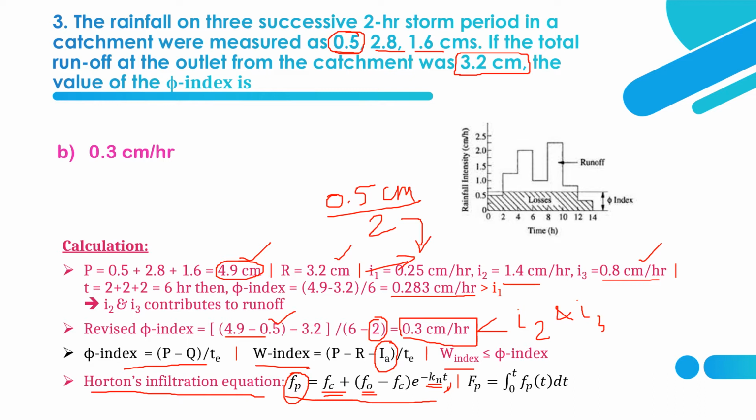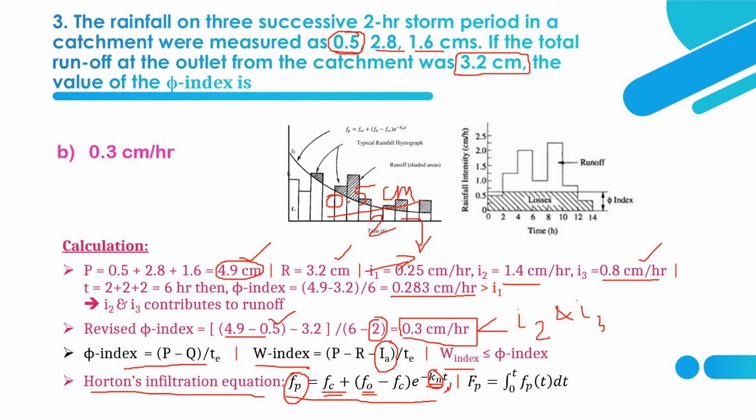Accordingly, we get the value of Fp. Kh is Horton's decay coefficient. These are some important points regarding the infiltration equation.